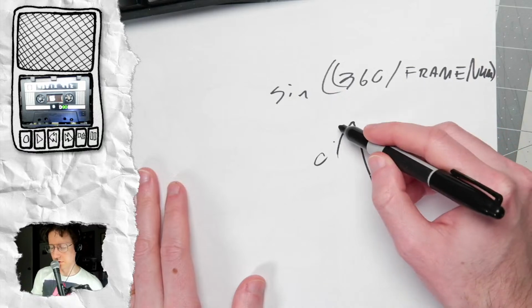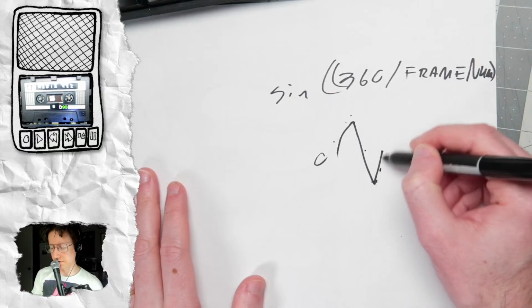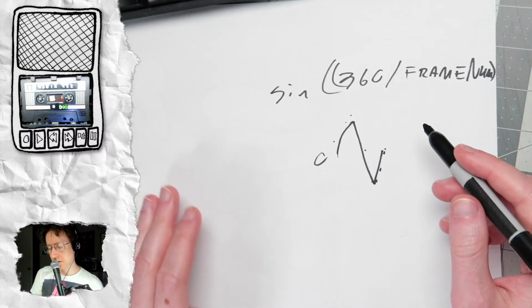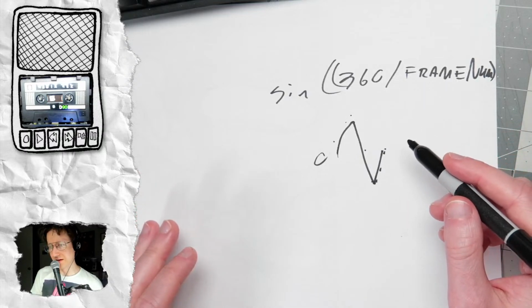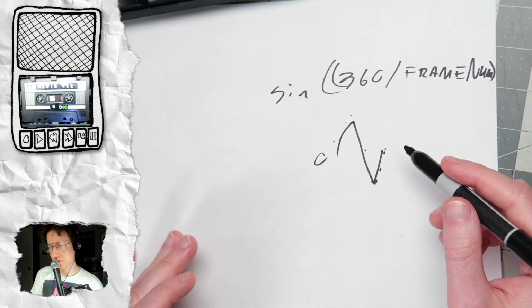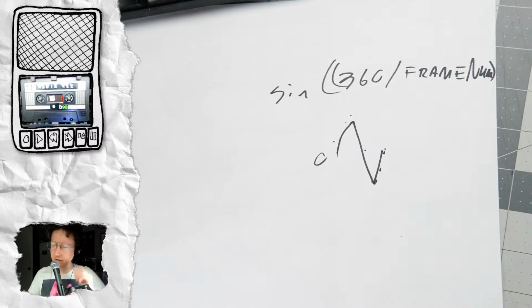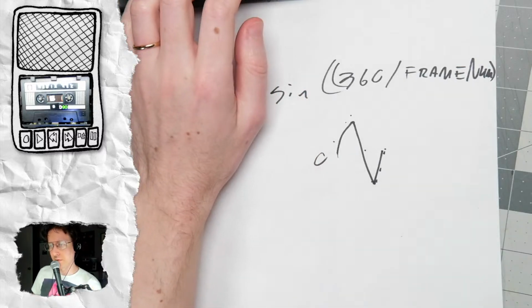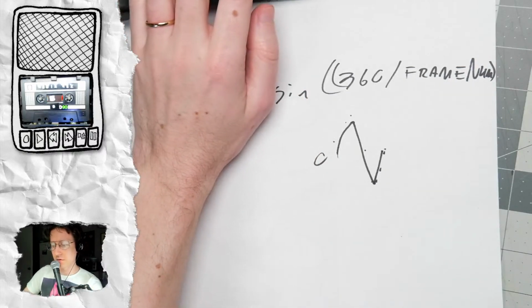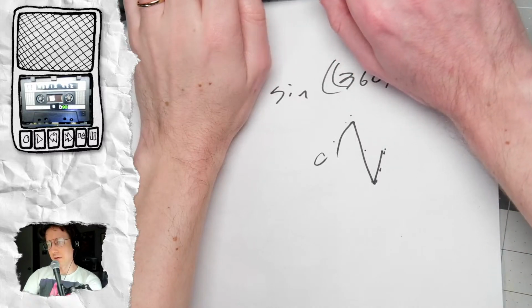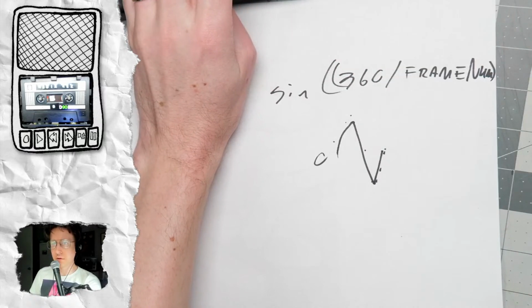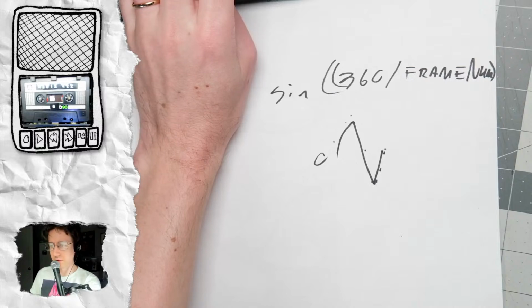So it's like 1, 2, 3, 4, 5, 6, 7, 8. I need to decrease that distance, which means that that's buried in the divided by frame number. Let's close out of this. Stamp it, now let's leave the page.